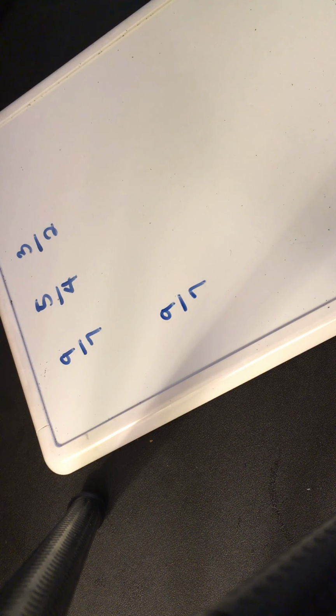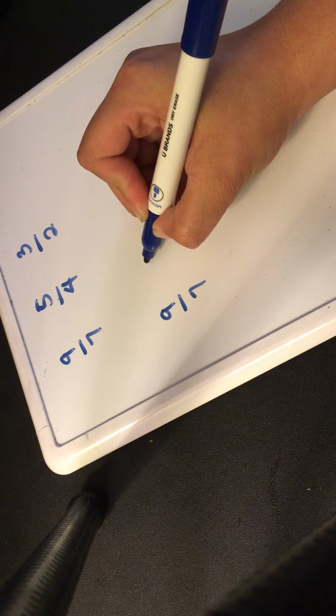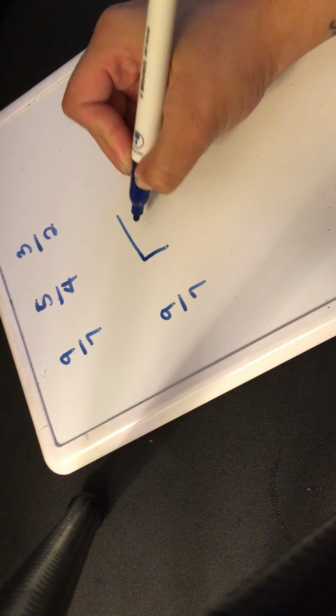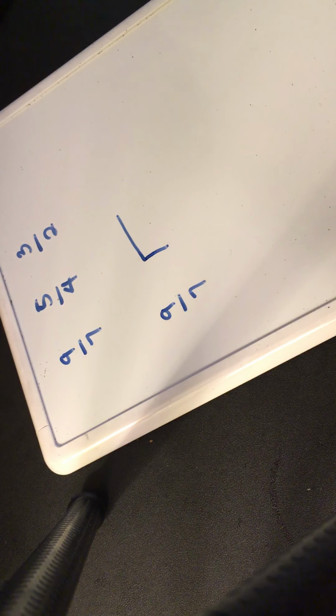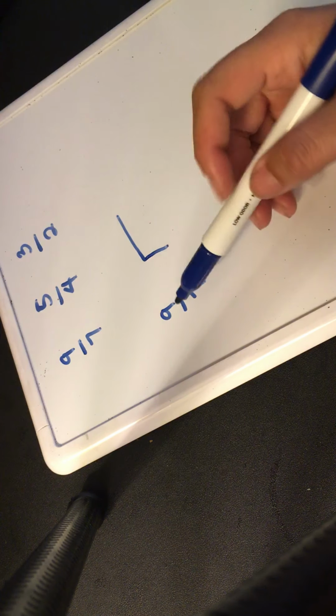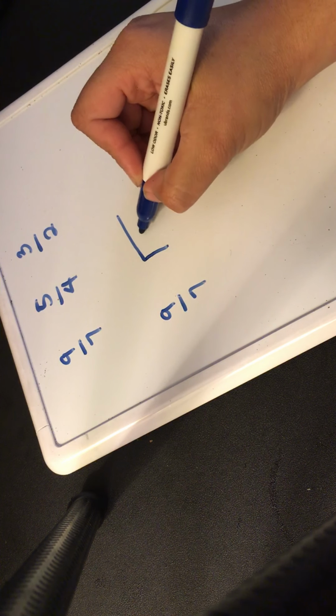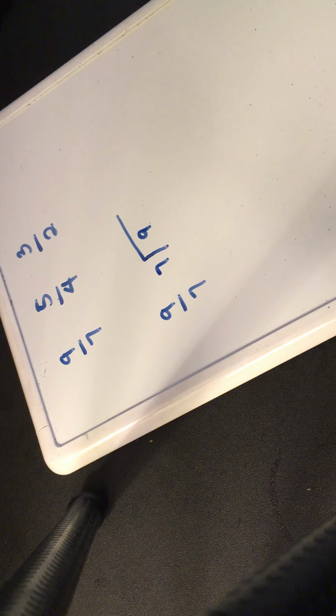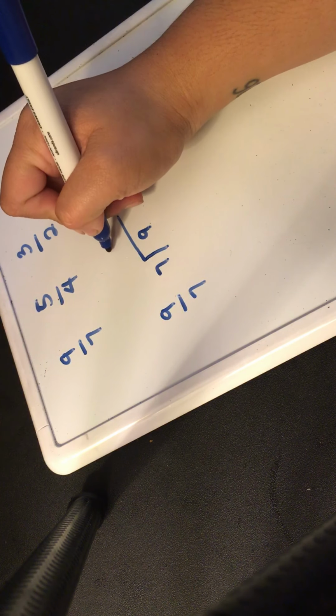There is an equation to this, but it will be a little bit difficult, so it's better if we do it this way. So let's do 9 over 7. Take out your division sign and start putting our numbers into it. Our numerator will go on the inside, and our denominator will go on the outside. Let's go ahead and divide. What number can I multiply by 7 to get 9 or close to 9? So 1.